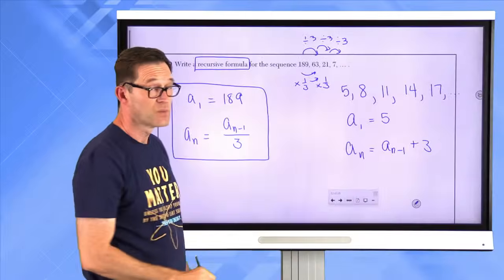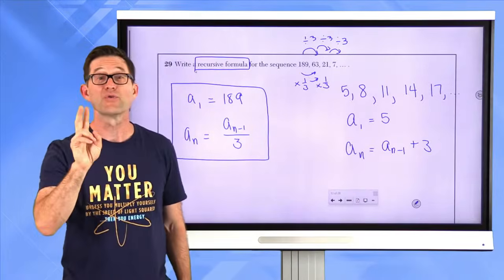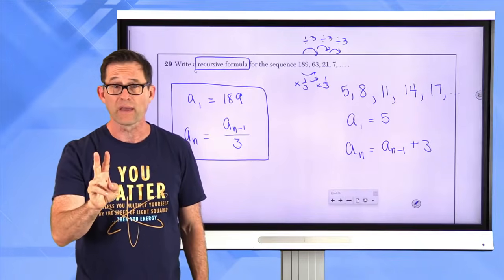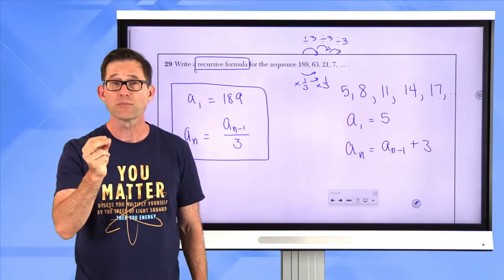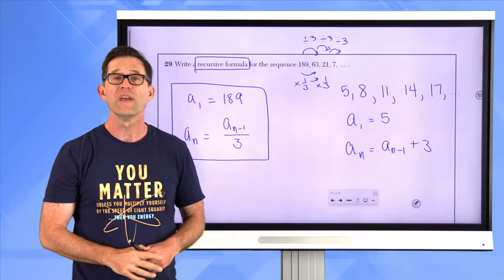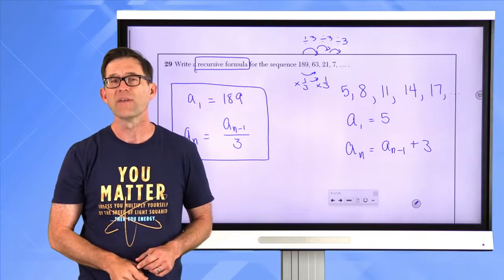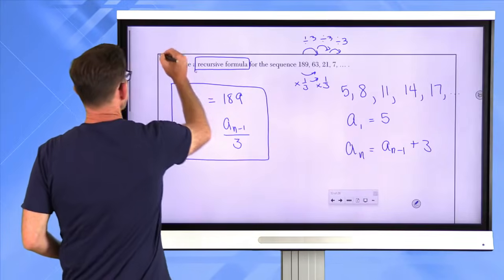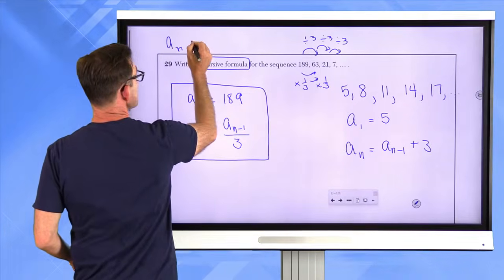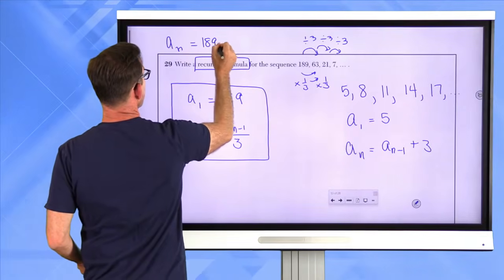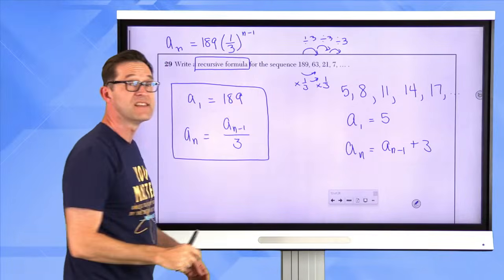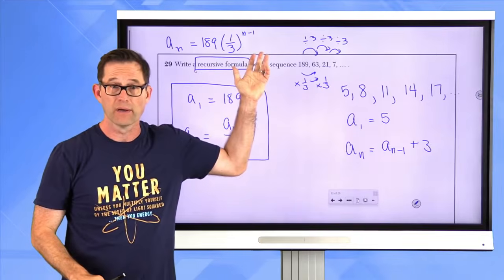Now, remember, this problem is worth 2 points. The biggest mistake that students make on this problem, they make 2 major mistakes. One, they don't give a recursive formula. They give an explicit formula. And there is an explicit formula. The explicit formula, by the way, is a sub n equals 189 times 1/3 to the n minus 1. That is the explicit formula, right?